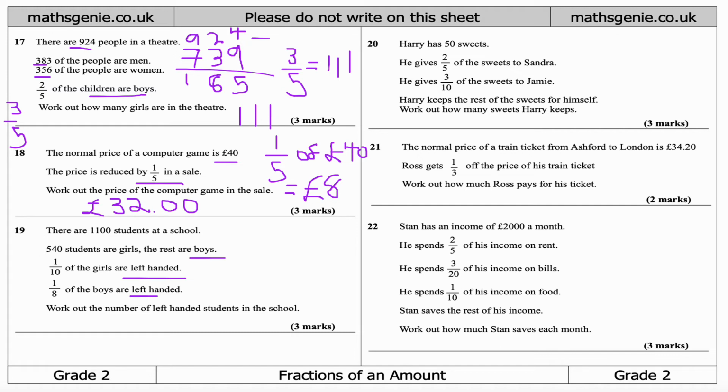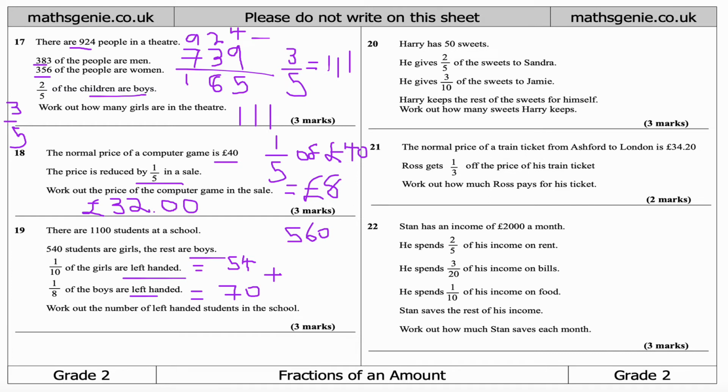So 540 are girls. So 1/10 of 540 is 54. 540 divided by 10 is going to be 54. 1/8 of the boys. Well, 1,100 take away 540 gives me 560, which are boys. 1/8 of 560 is 70, because 56 divided by 8 is 7, and then add on the 0.